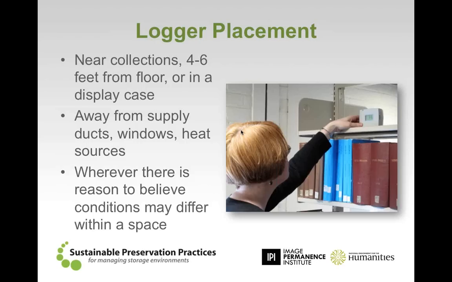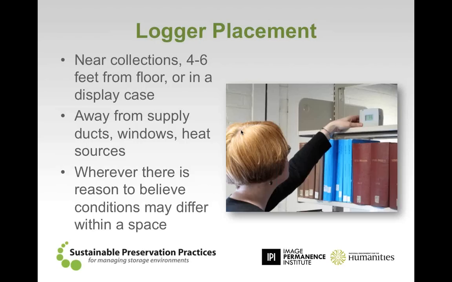We were working on a site a few months ago, and the person contacted us before we left and said, before you go, I want you to look at a logger when you're here. It doesn't seem to give the right temperature. It's always hotter than the rest of the space. When we were on site, we looked at this logger, and it was sitting in a windowsill on top of the perimeter heat.